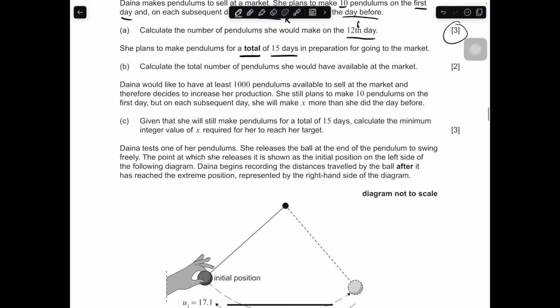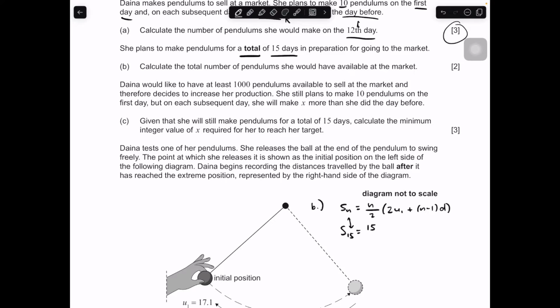So let's write that formula out. The sum of n terms, this is for part B, is equal to n over 2 times 2 times the first term plus n minus 1 times d. It might look a little intimidating on second thought, but let's unpack it. The sum of the first 15 terms, so n is equal to 15. Wherever we see n, we can interchange it.